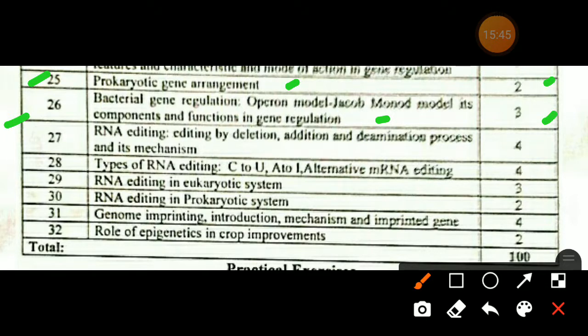This has about 3% of weightage. Then the 27th lecture is for the topic of RNA editing, editing by deletion, addition and termination process and its mechanism. This has about 4% of weightage.